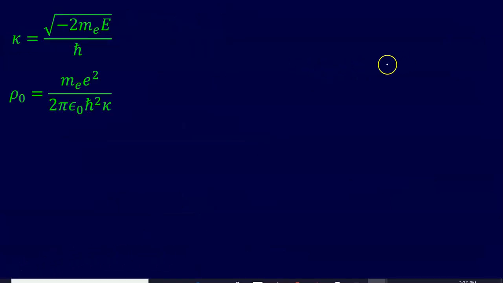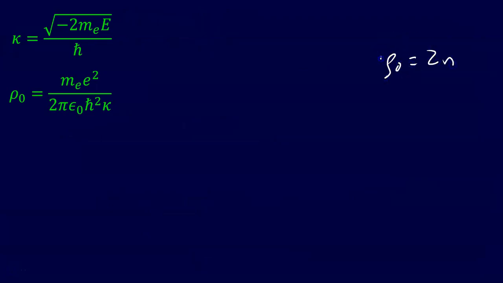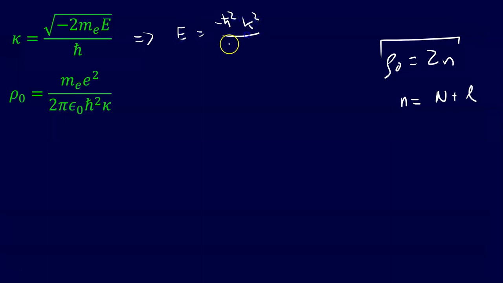Alright, so let's see where this gets us. We just found that our sum will have to terminate, and so from that we get rho naught equals 2n, where of course the little n is equal to the big N plus our L coefficient. So now we go back to the definitions we made a little while back, and we can invert these equations.